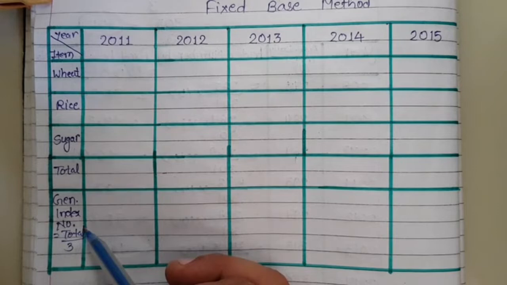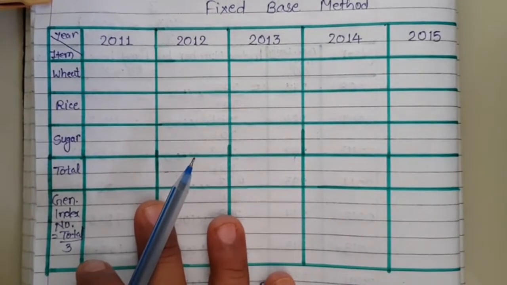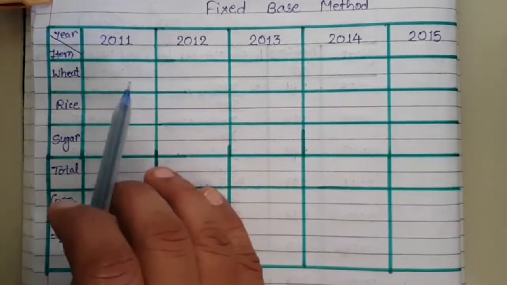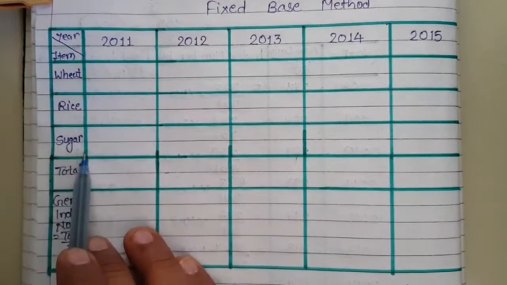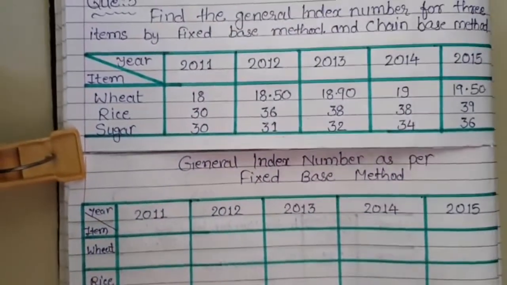We had discussed the general index number. To find the general index number, we add all the index numbers and divide it by number of items. So first of all, we will find the index number for wheat, rice, sugar individually, then we will add them. So let's start.